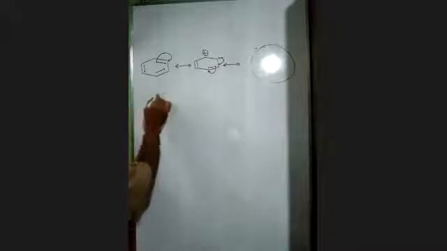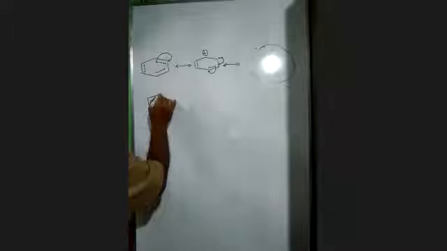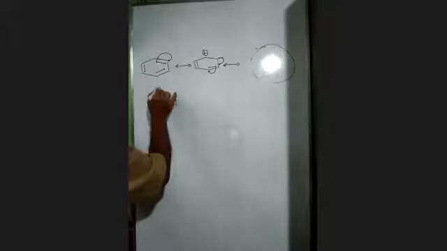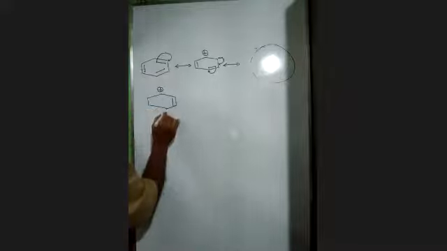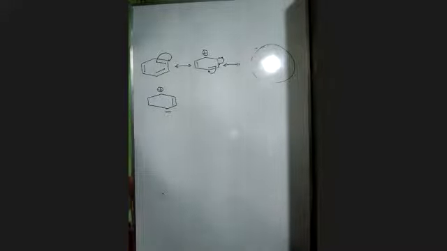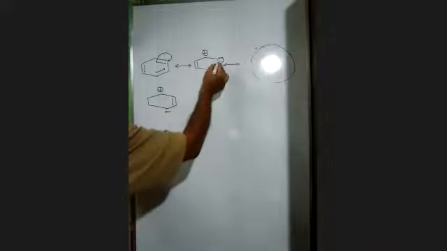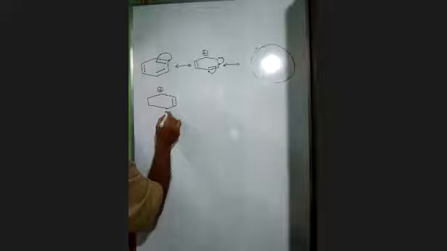So what you get here is a bond, plus a negative charge. Why? Because this is the electron of this carbon, and this is the electron which has come from here. To indicate this, we put a negative sign. We never show it with a dot.